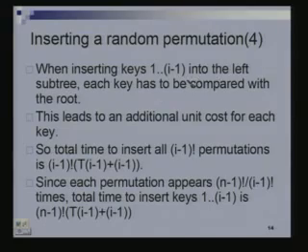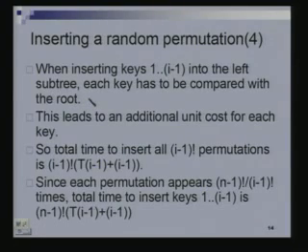Okay, good. So, when we are inserting the keys 1 through i minus 1 into the left subtree, we go back to the previous setting. Recall we are considering only permutations in which the first element is i. So, the keys 1 through i minus 1, when we are inserting, will all be compared first against i and then we will put them in the left subtree. So, each key has to be compared with the root, which is i.